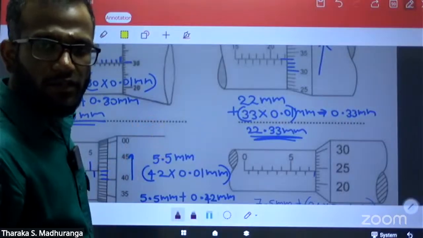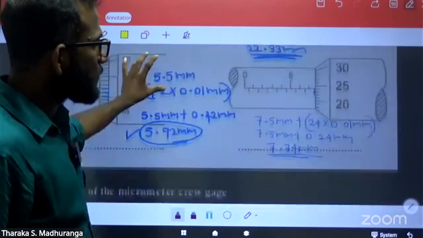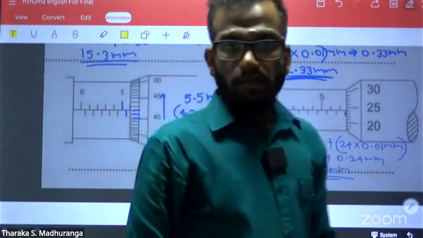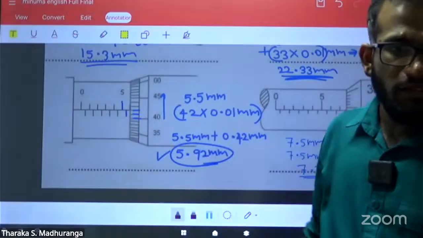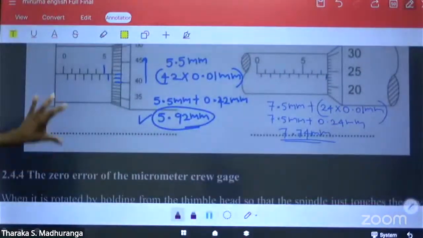I will send you the link. But in the exam, they give these diagrams with these scales, and you should know how to get these values step by step.